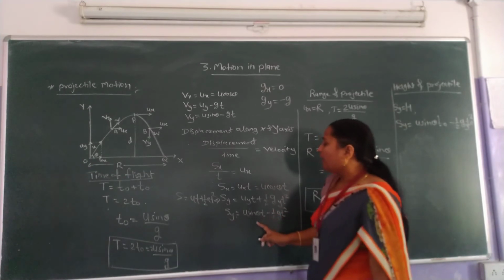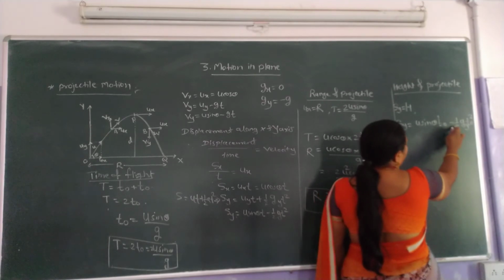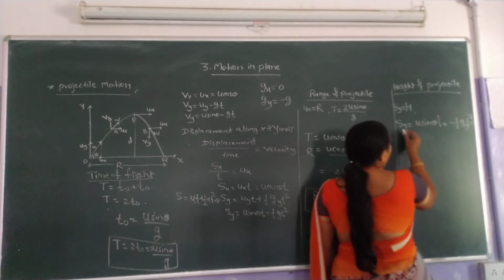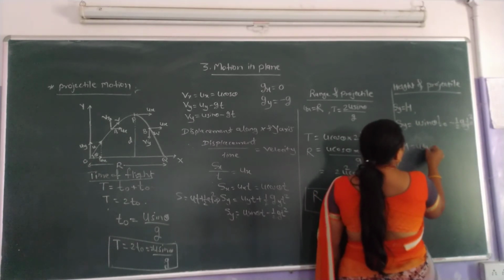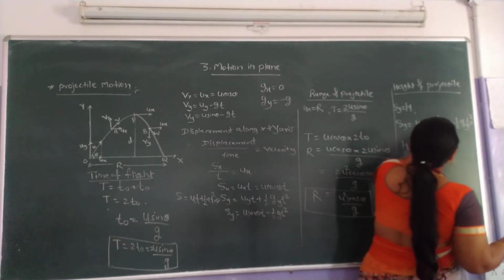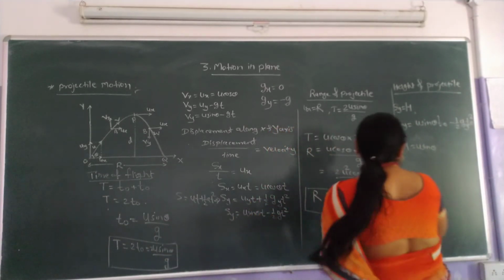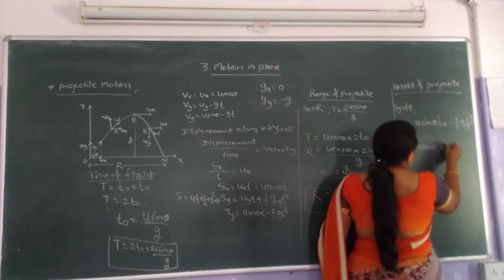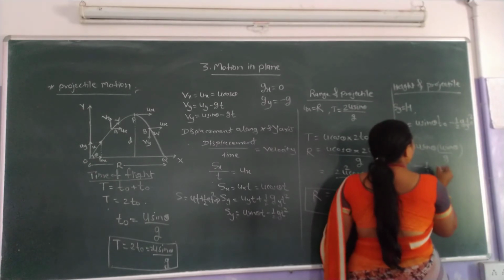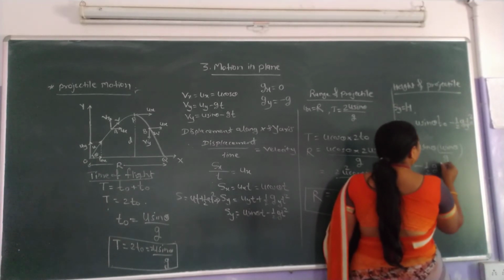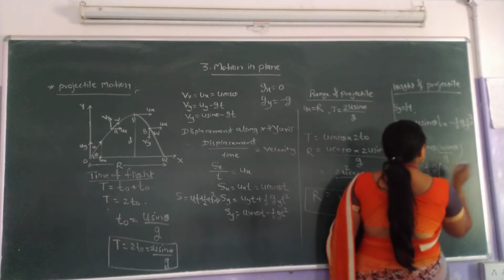Therefore, Sy is equal to h, and t0 is equal to u sin theta upon g. Substitute that value: u sin theta into u sin theta upon g minus half g into bracket u sin theta upon g squared.